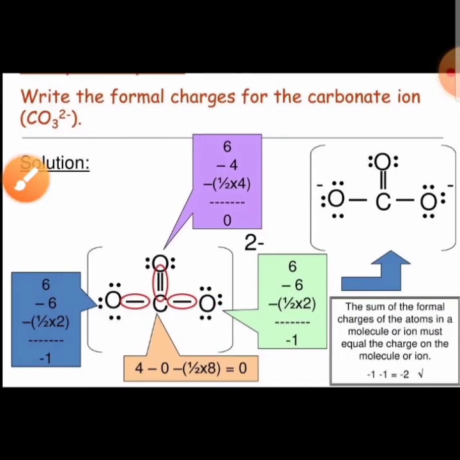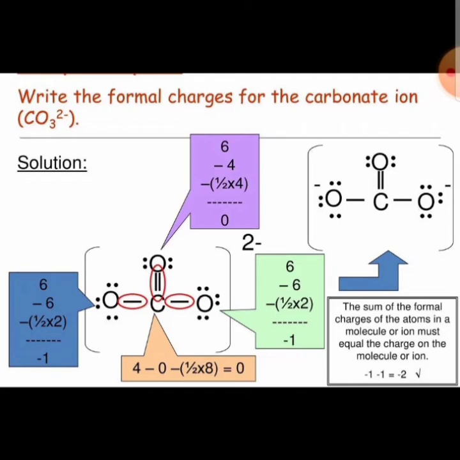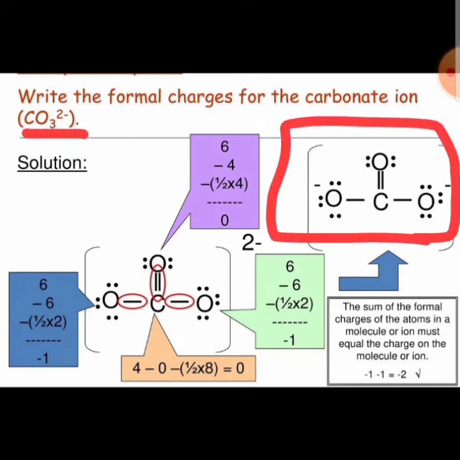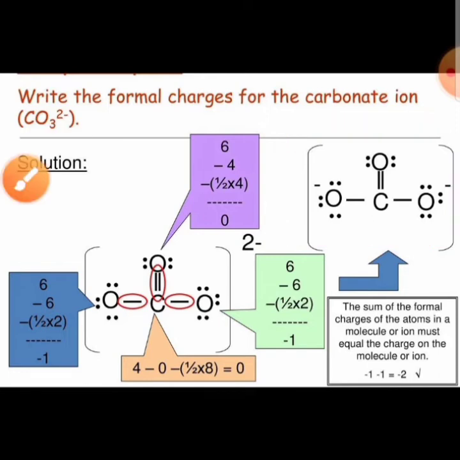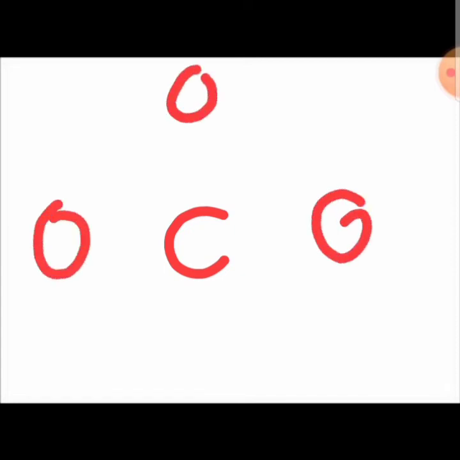Let us take one more example, that is the formal charge on the carbonate ion, CO3 2 minus. So this is the formula or Lewis dot structure of the carbonate ion. The central atom is carbon, and around this central carbon we are going to write 3 oxygens, CO3.